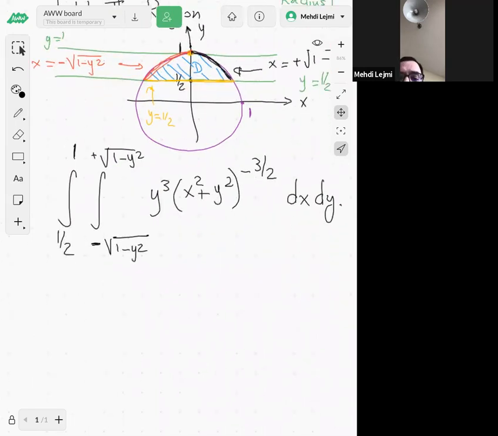Of course here you're going to integrate with respect to x, but you have this x squared, and outside x squared you don't have an x. So if you try to use a substitution here, you're going to be in trouble. So you can go with polar coordinates, or you can just change the order of integration.